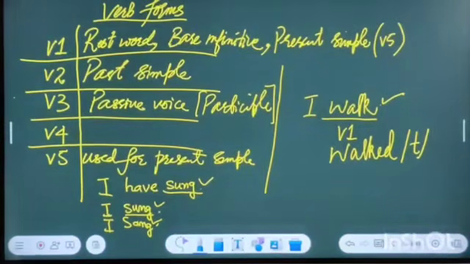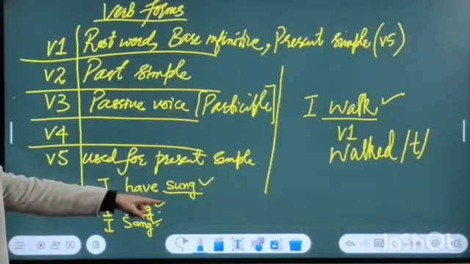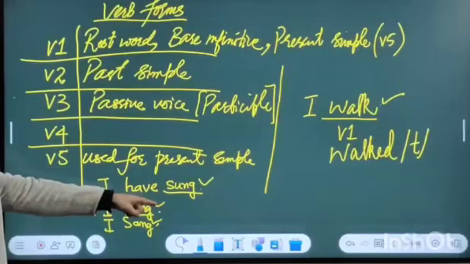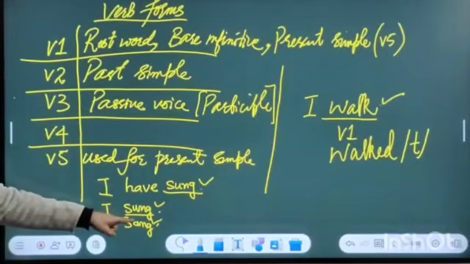Both are past. I have sung means this shows the work has been completed. The work has been done. Okay. What about I sang? Tell me which verb form did I use here? V3. Which verb form did I use here?